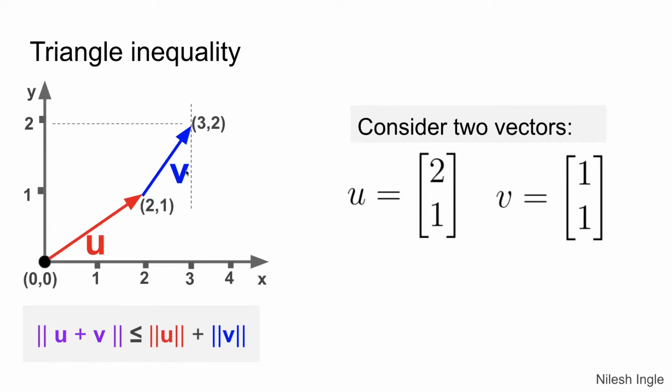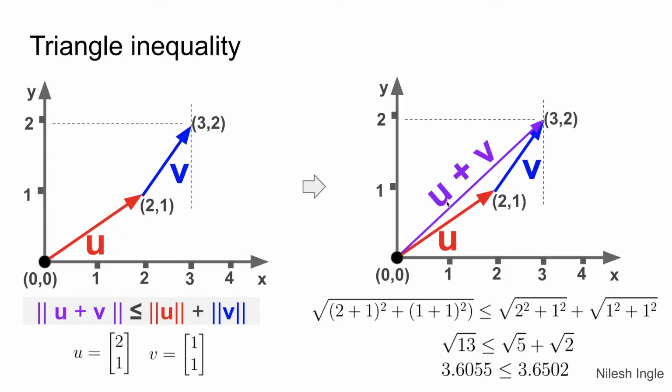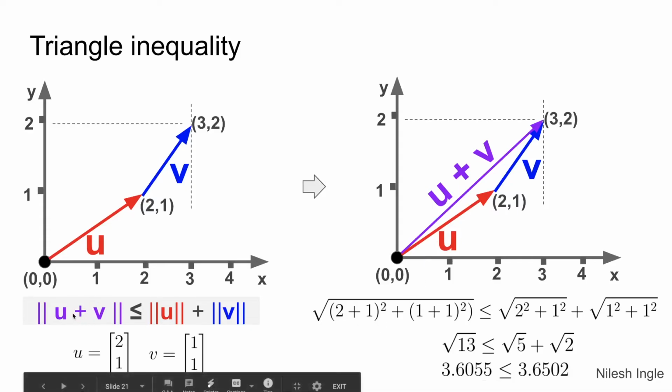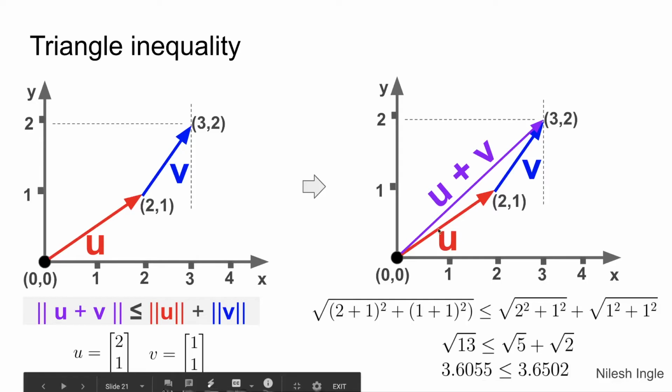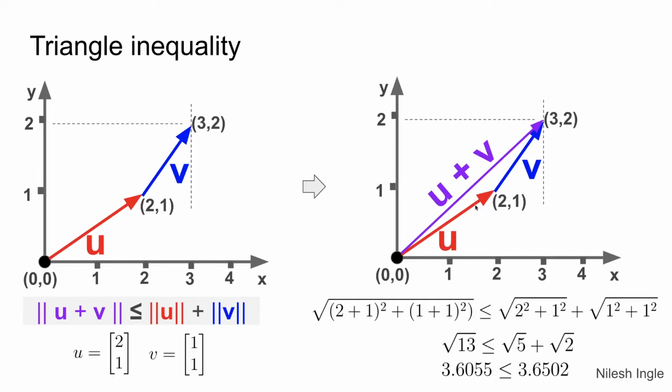If we add those two vectors as shown here, so we have vector u, vector v, and when we calculate the norm of u plus v, we get 3.6055, and when we calculate the norm of u plus the norm of v, we get 3.6502. And so the triangle inequality holds true in this case, because the sum of the magnitudes of these two vectors is larger than the magnitude of this vector u plus v that is shown.